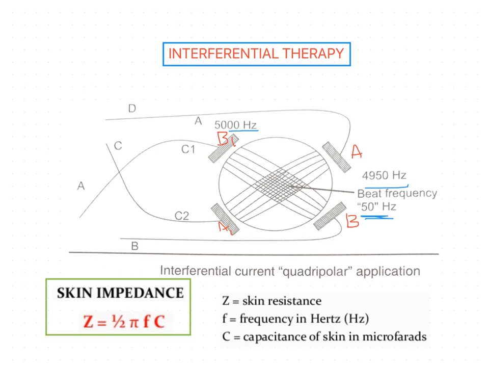The main problem associated with the direct application of Faradic or sinusoidal currents to patients is the very high skin resistance or impedance. So the skin resistance will not allow such low frequency currents.